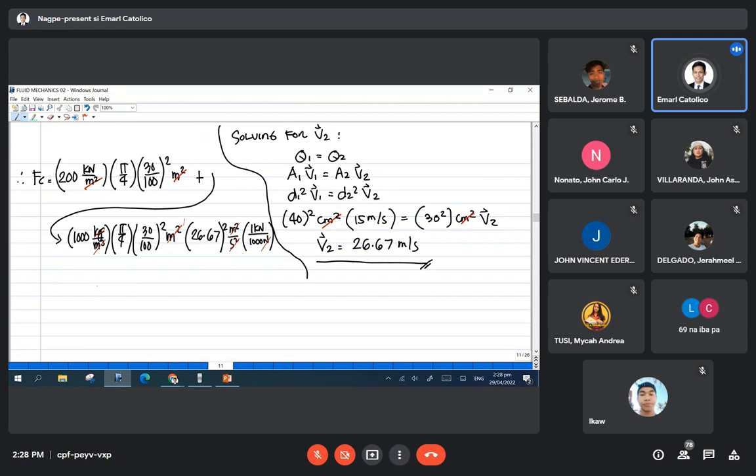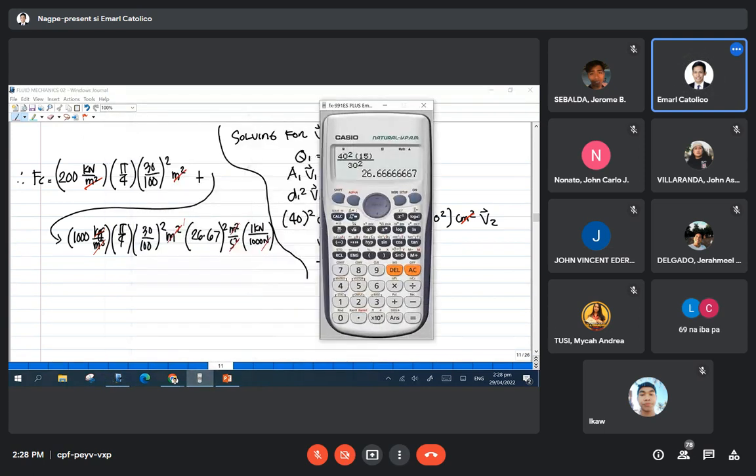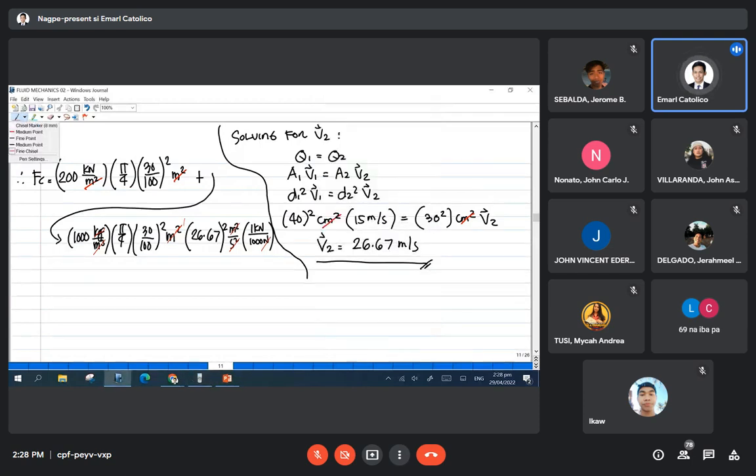Then input na natin. So 200 times pi over 4, labas na natin pi over 4, no? Since common factor naman. Tapos cancel na natin si 1,000.